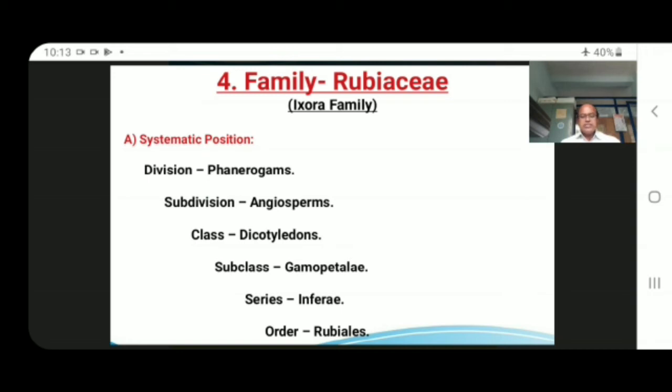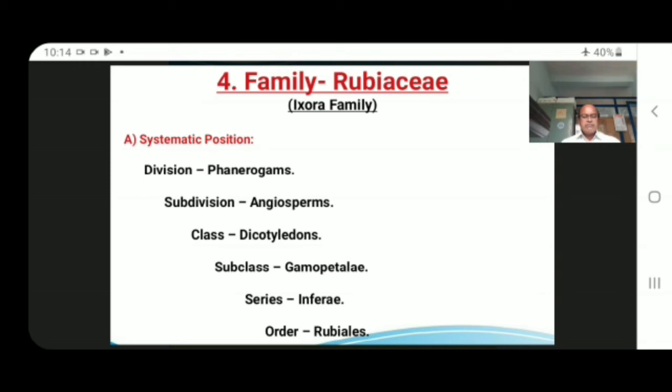Then we must see the distinguishing characters of this family. The first distinguishing character is plants with simple leaves and inter or intrapetiolar stipules present, inflorescences solitary or monochasial to panicle cyme.